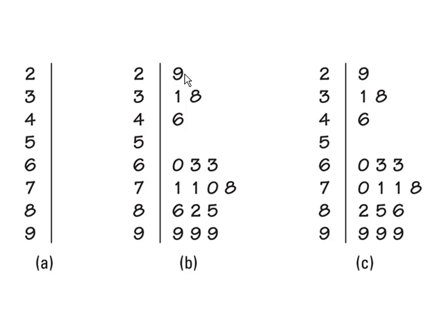So this is the number 29, number 31, number 38, 46, and all the numbers, and they just put them in by the tens digit.